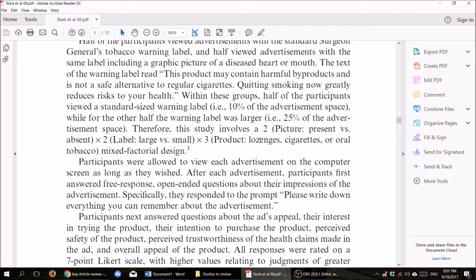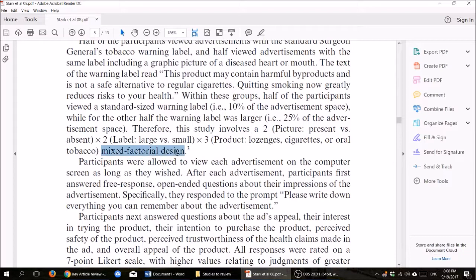Later we'll go into detail, but now let me just explain it. You see, this is a 2 (picture present versus absent) by 2 (label large versus small) by 3 (products) mixed factorial design.